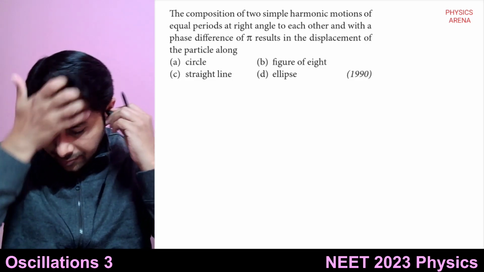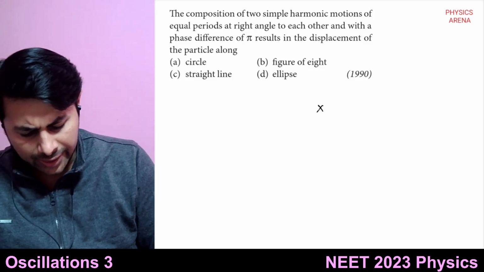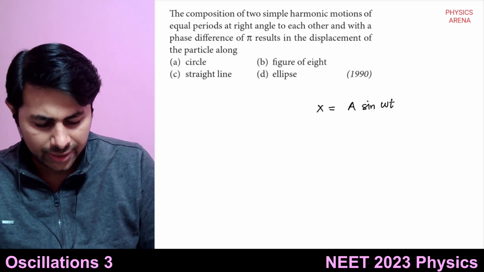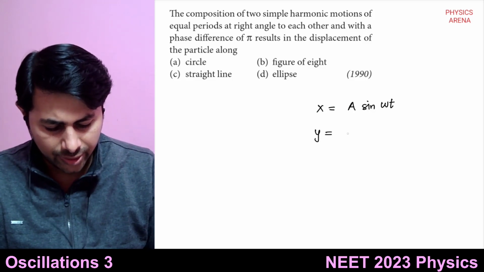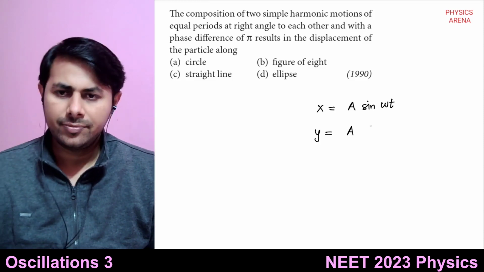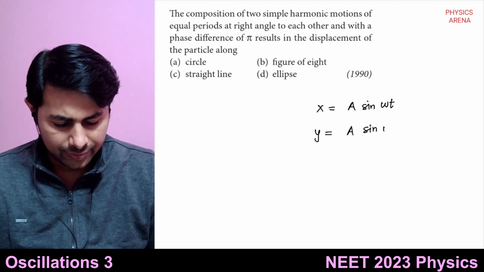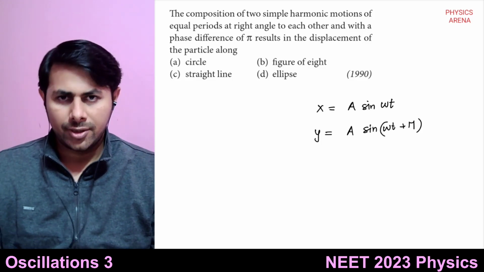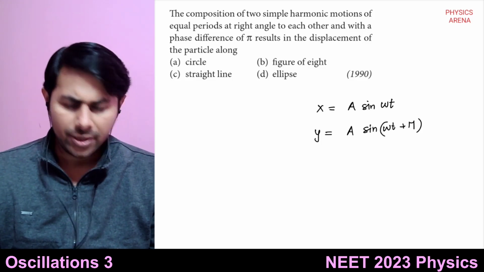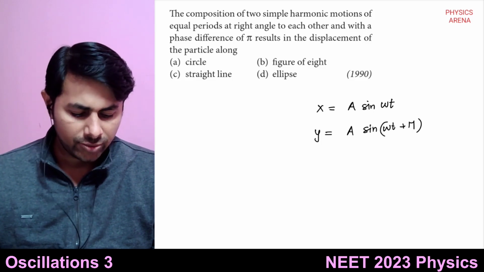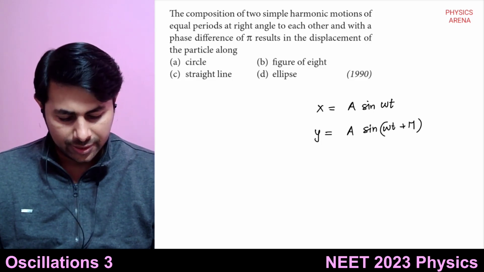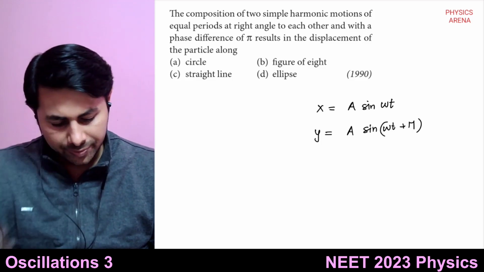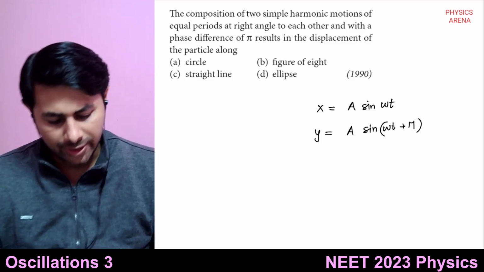I'm sorry. So we can write x is equal to a sine of omega t, y is equal to what? A multiplied by sine of omega t plus pi. So it is sine omega t cos pi plus cos omega t sine pi. And sine pi is 0, cos pi equals to -1.